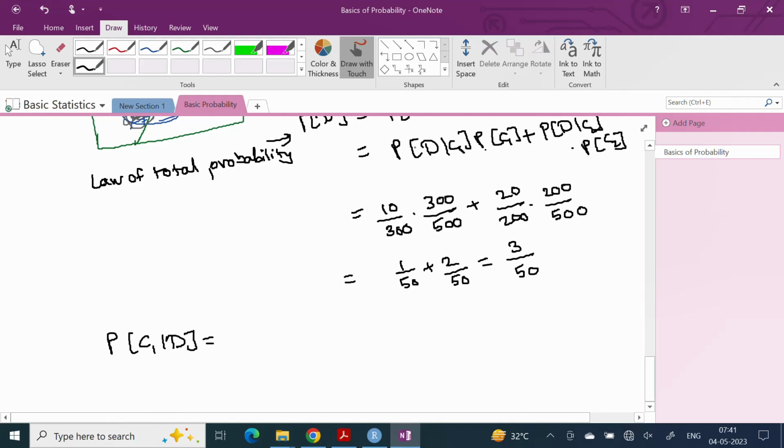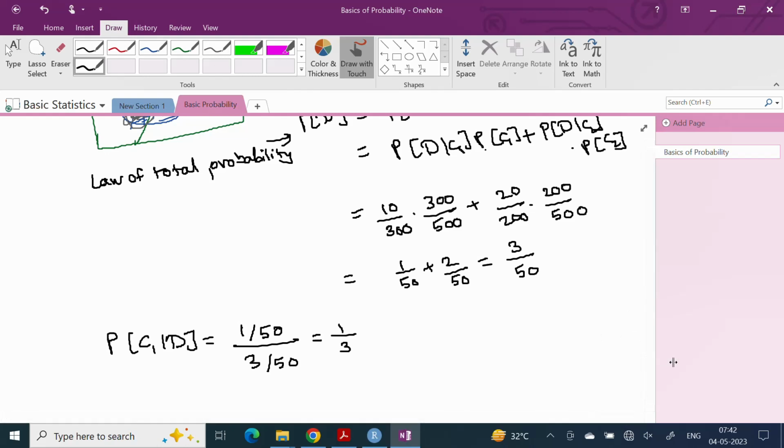So that is 1 by 50, because we have already calculated that. That is 1 by 50 divided by the denominator 3 by 50. That is 1 by 3. So given that the piece is defective, the chance of it having come from C1 is 1 by 3.